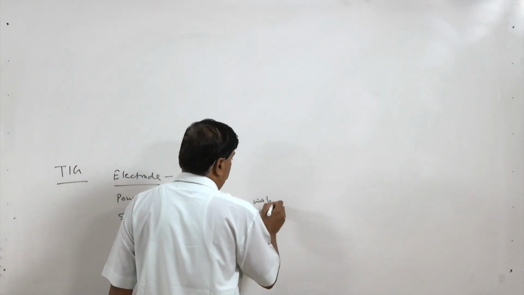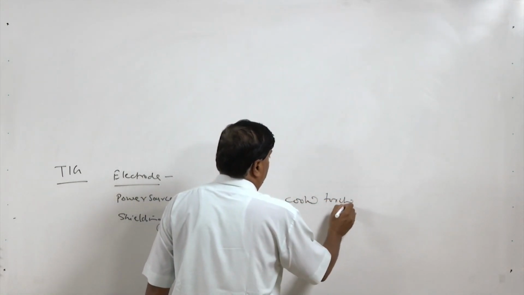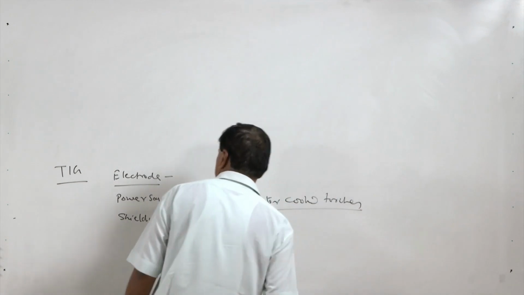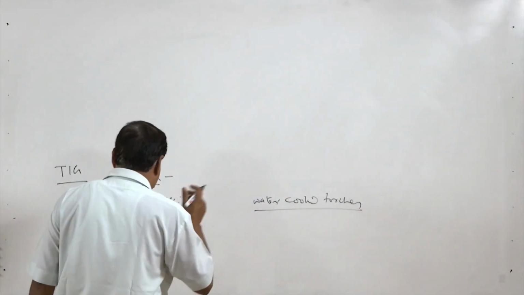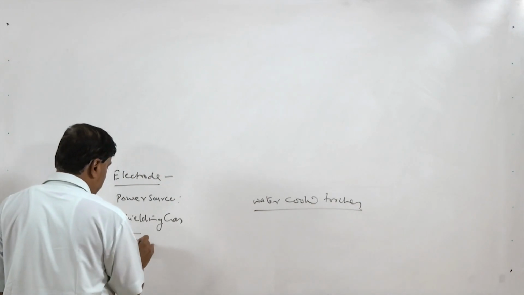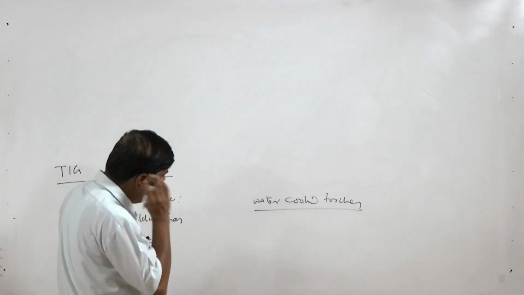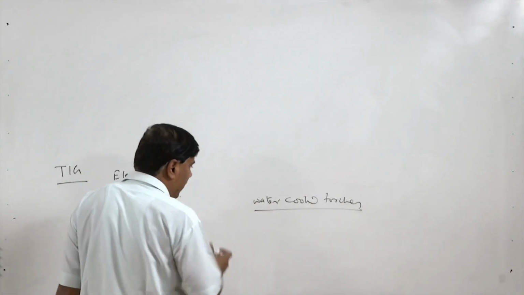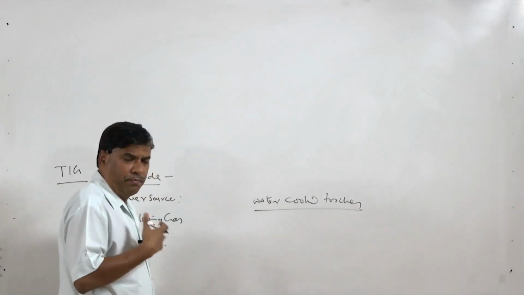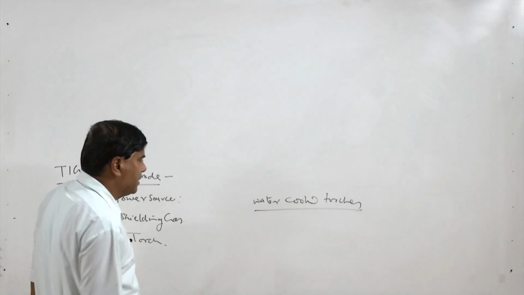So, sometimes water cooled torches are used in the GTAW process. The torch is another member, and torches are also categorized based on the kind of current they can handle, as I said, 3 to 200 ampere or 5 to 300 ampere or much higher.